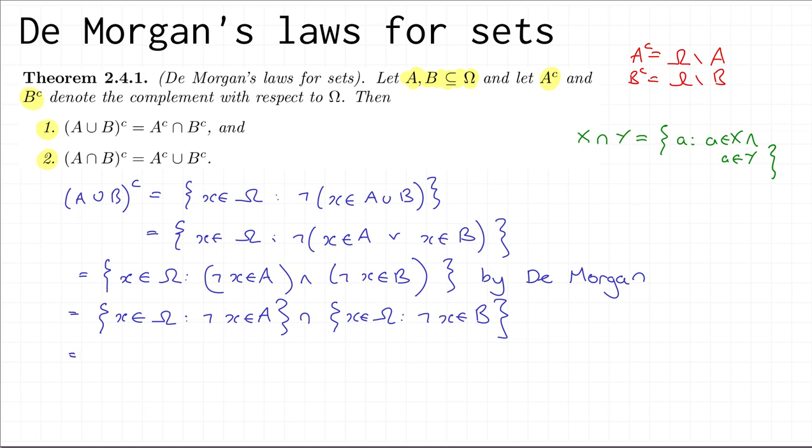We've got the set of all things in omega which are not in A. It's precisely, by definition, A complement. And similarly, the second set is B complement. So we've now proved the first of De Morgan's laws, and the second of De Morgan's laws could be proved in exactly the same way using the other logical equivalence from De Morgan's laws in logic.